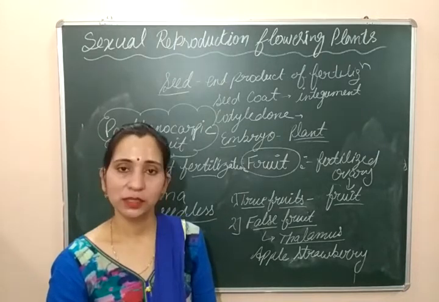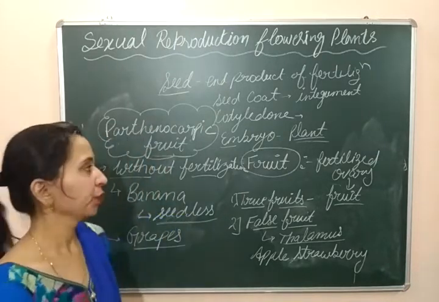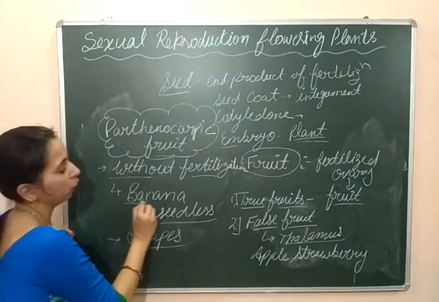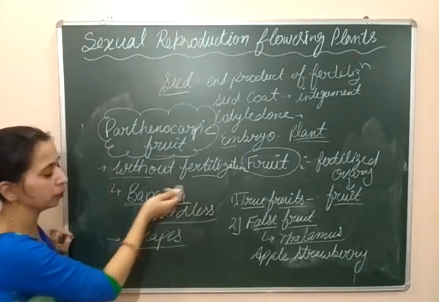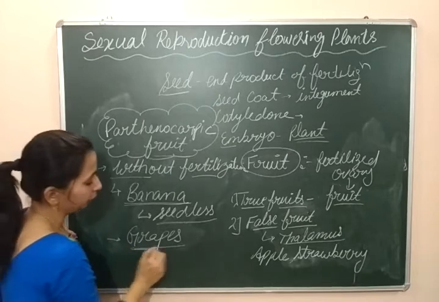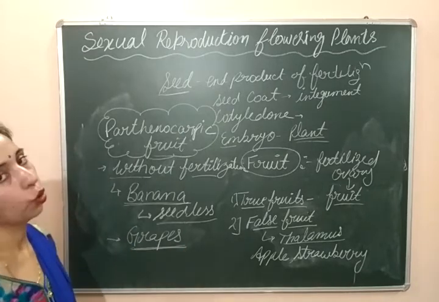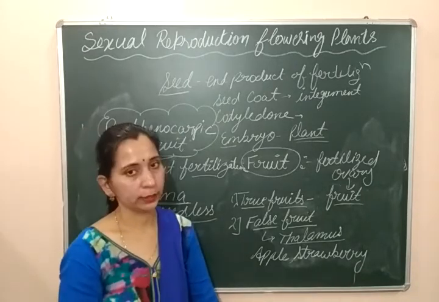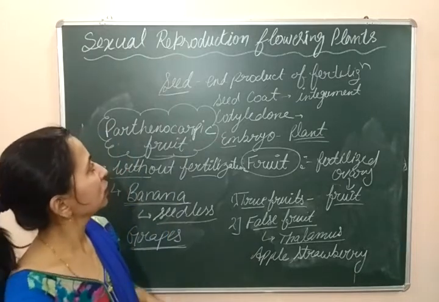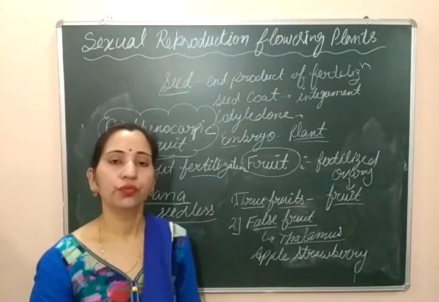So these are seedless parthenocarpic fruits. The naturally occurring parthenocarpic fruit is banana, and besides banana, some artificially grown parthenocarpic fruits are also available in the market. So with this, we today discussed the seed and fruits.